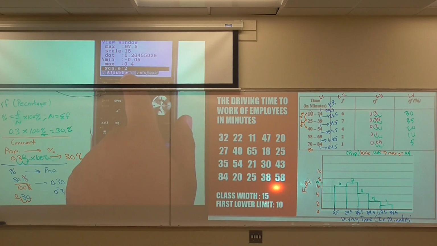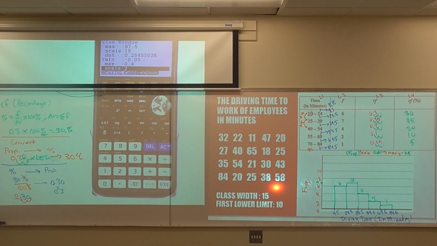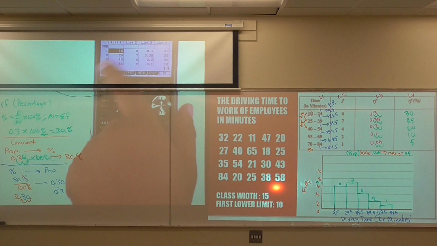Remember, our scale is supposed to be very much smaller than 1, so therefore, like I have over there, I'll make it be 0.05. So I'll put 0.05 as my scale. Now enter, and I can enter one more time so it goes back. And over here, all I gotta do is graph.